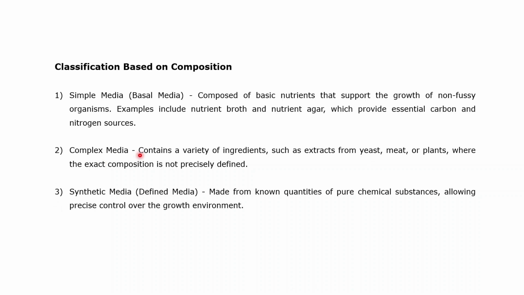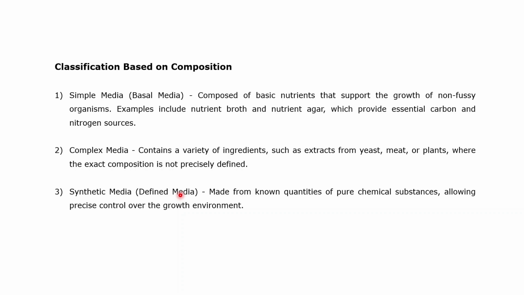And then comes the synthetic or defined media. From the name itself you know that it is something that is defined. You know what makes up the particular media. So if you are adding a substance A, you know how much you are adding to that media.